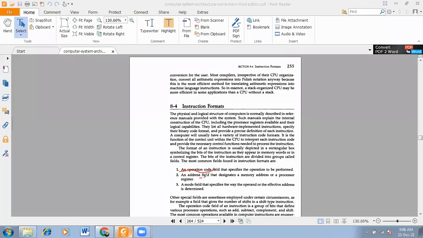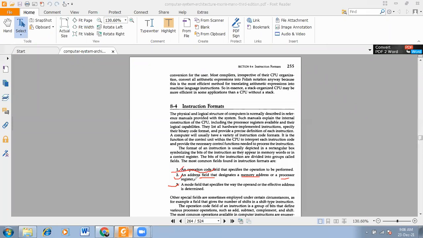So that's why the address field must be there. That may be a memory address or processor register, that is a different issue, but the location of the data should be mentioned. So this is the address field, this is the opcode field, and the mode. The third one is mode. So first one opcode, address field, third one is mode.